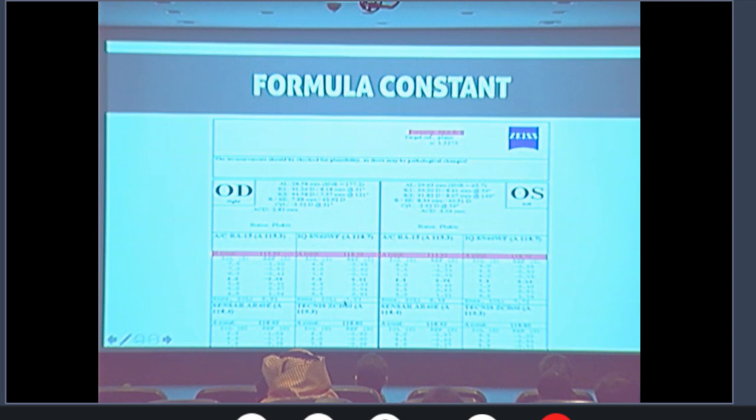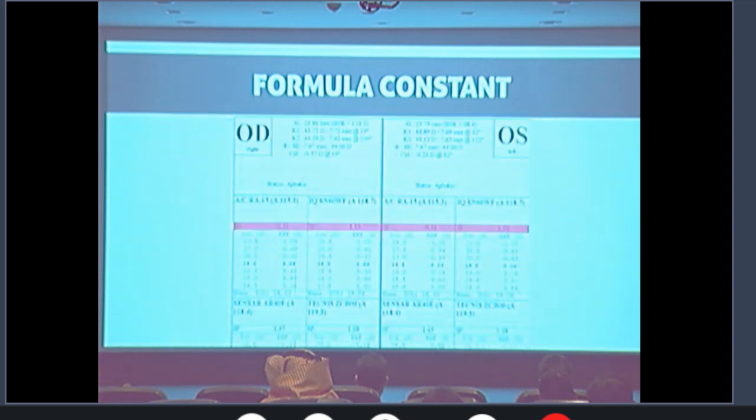I know it is the same, but if we come here, the thickness is 119.3, but in the calculation, they are using 118.8. Okay, clear? Here we are using the A constant because the formula is SRK/T. If it is not SRK/T, we will not use the A constant. So here, what formula is this one? SF means surgeon factor. Holladay. So we are not using SRK/T. Clear?